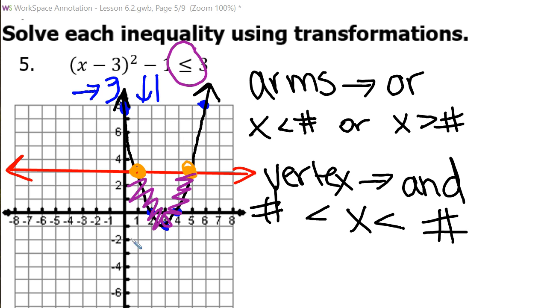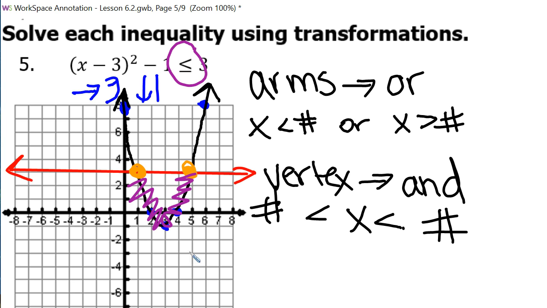And our answer will be in this format. We'll have x in the middle, a less than on the left, and a less than on the right. It's always less than, never anything different, unless it's equal to. If it's equal to in the problem, these need to be equal to in the answer.